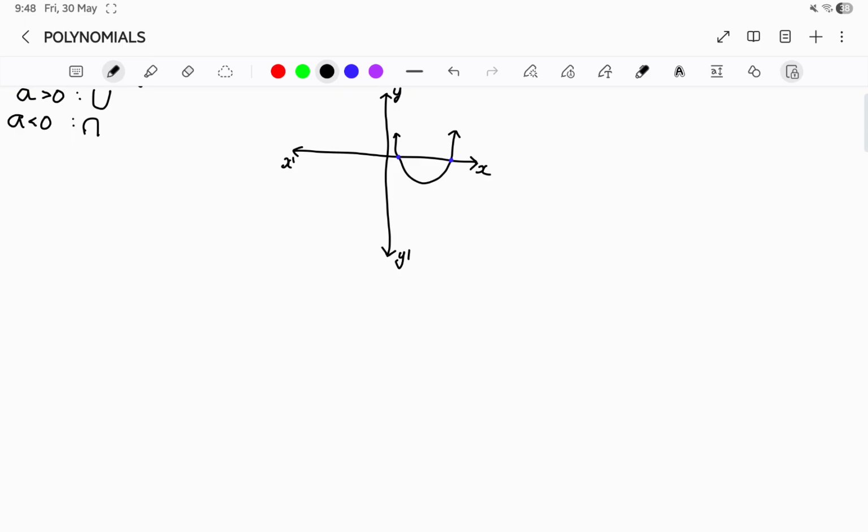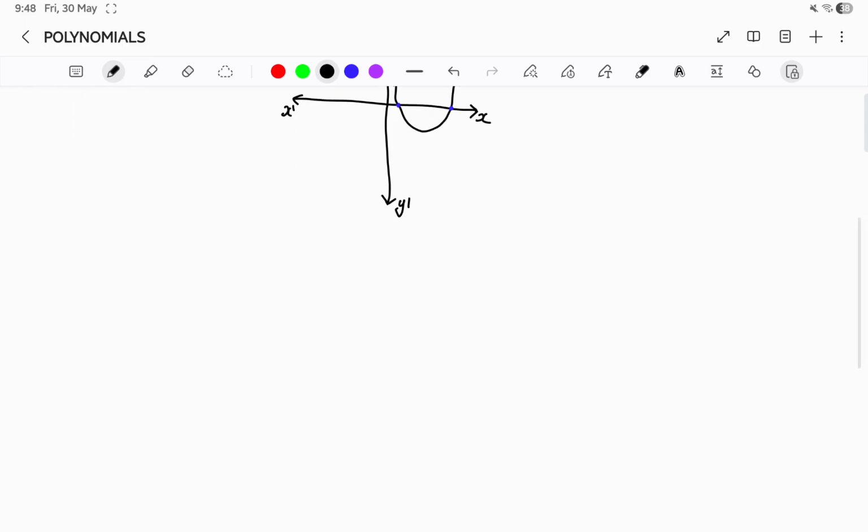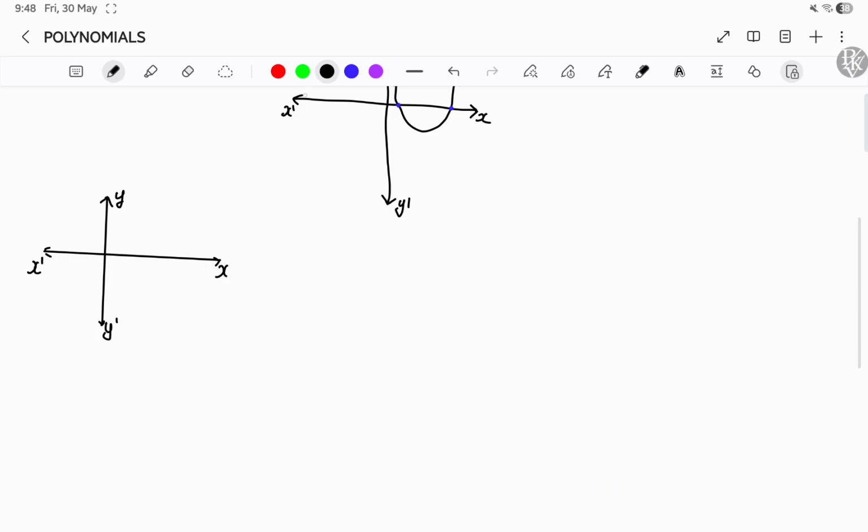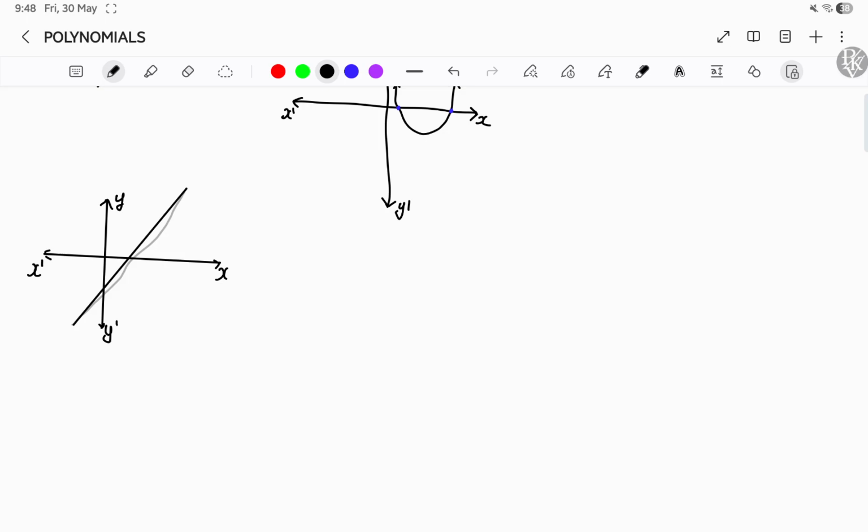Now from that, I would like to ask a few questions. Let's say that this is my coordinate plane, y, y dash, x, x dash. I'm just going to copy it because I'm going to use it a lot. How many zeros does this polynomial have?